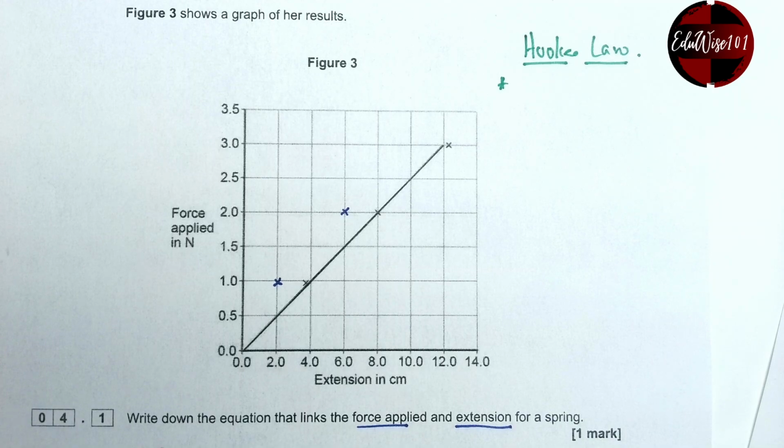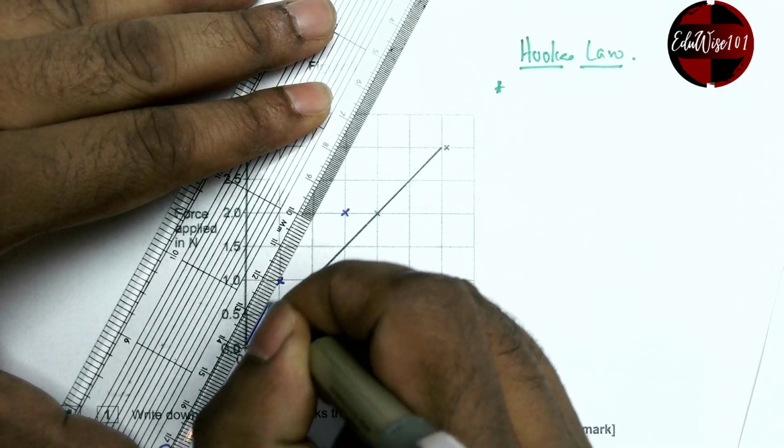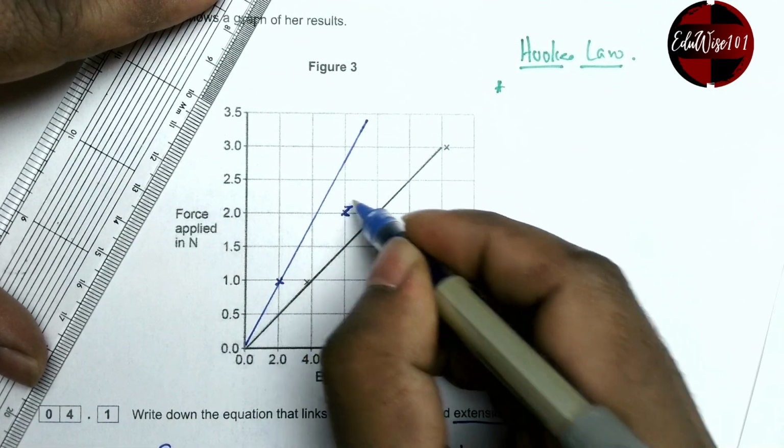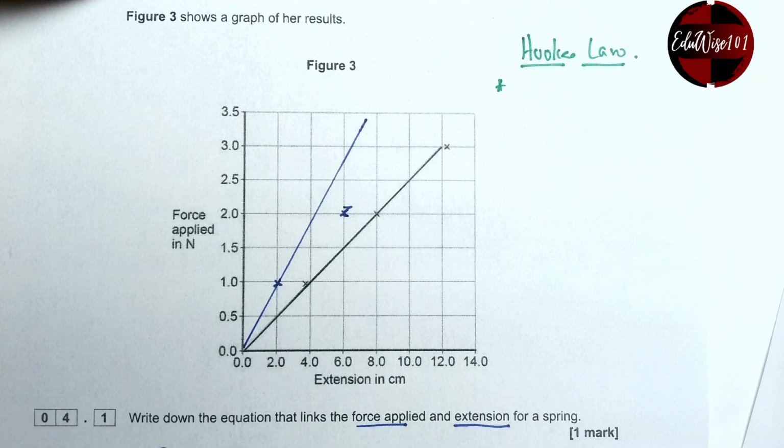It's not the perfect drawing, so I would draw a line like that. Ignore that point, the gradient has to be bigger.